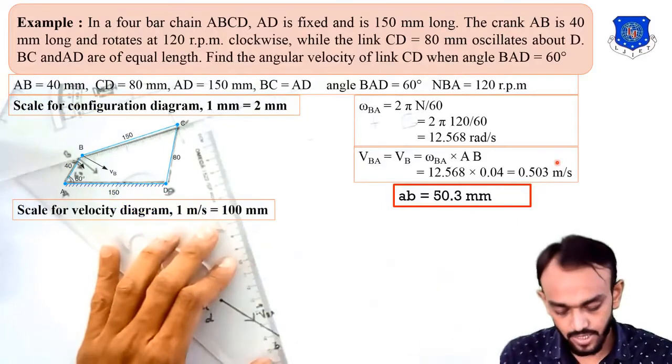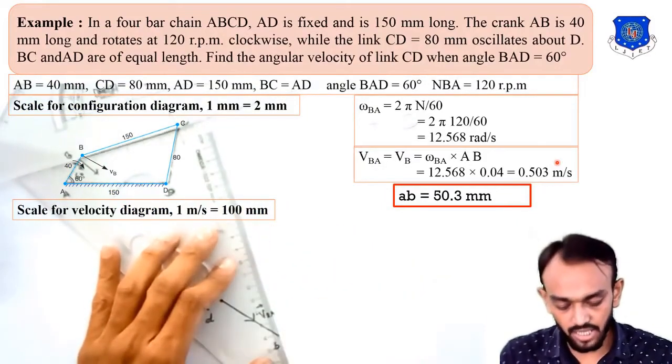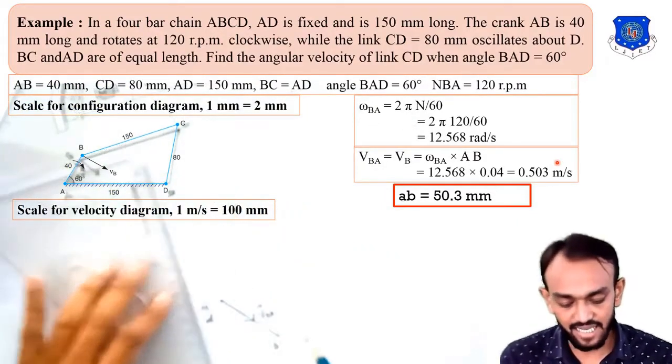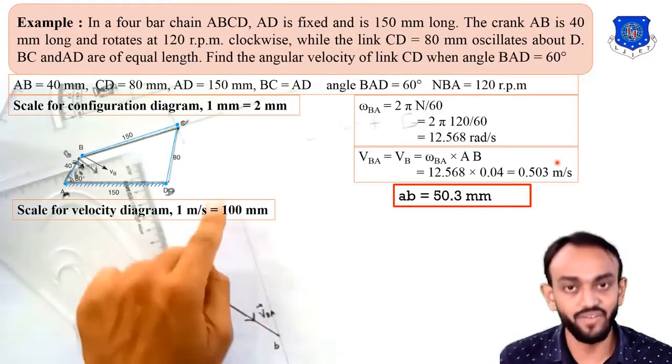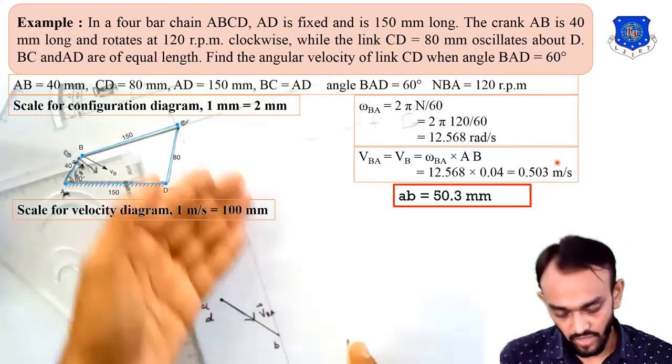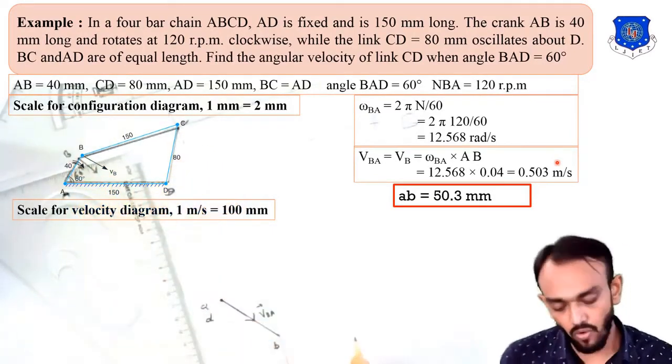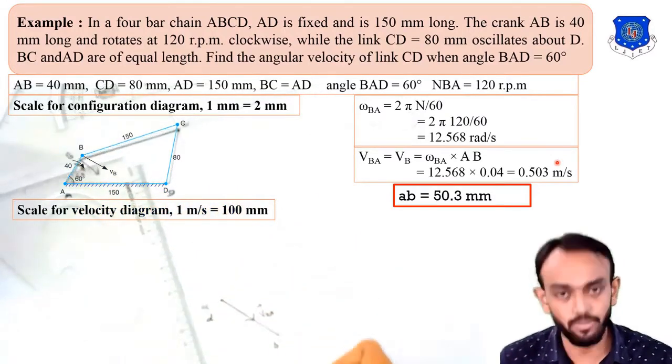We will draw this line very lightly, because this is not the final length. We know the direction; the C point can be anywhere on this line.